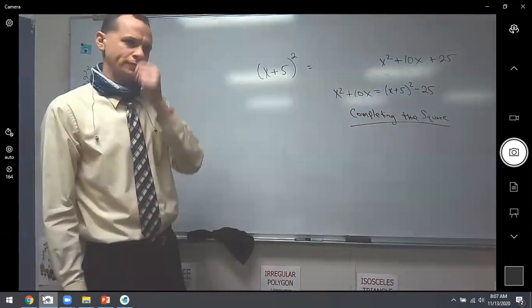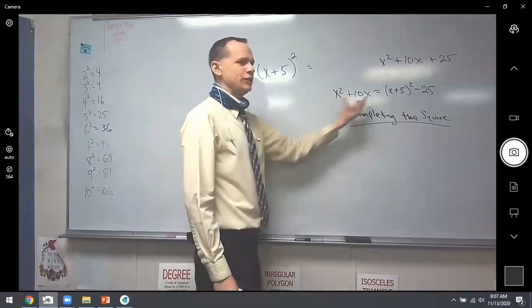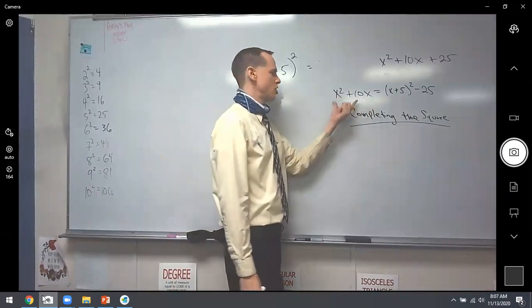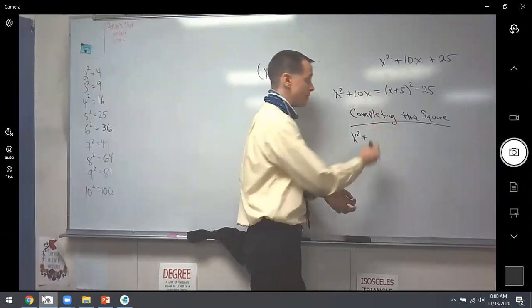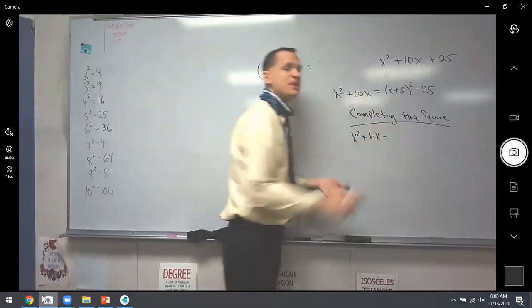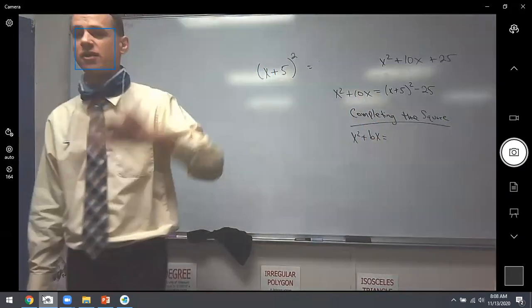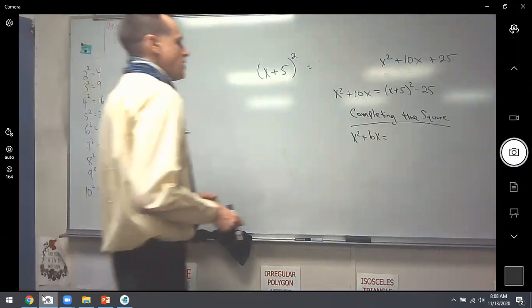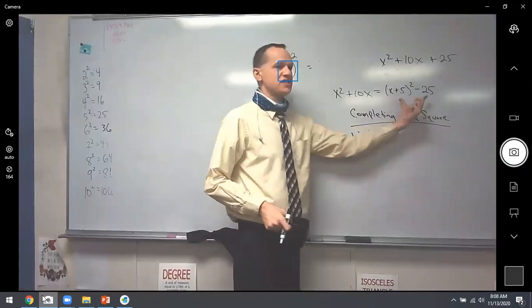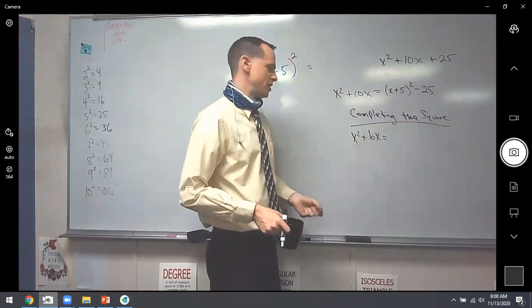In general, if you have something that looks like this, so I'm going to say x squared plus some number times x. I'm going to use b just because usually we put b's in front of our x's, right? ax squared plus bx plus c or something like that. You can turn it into this kind of thing. Complete the square is what that's called.